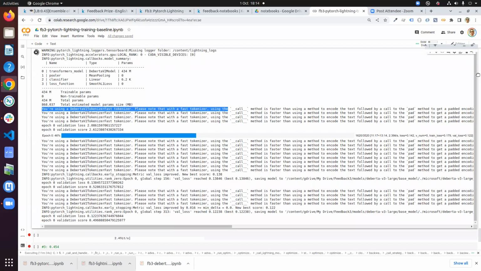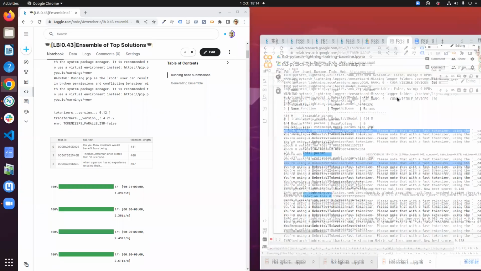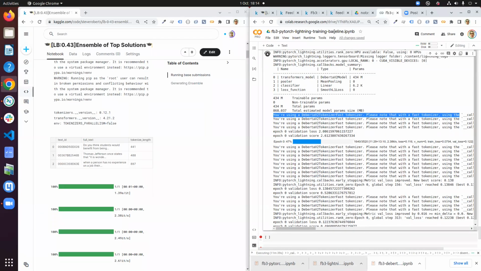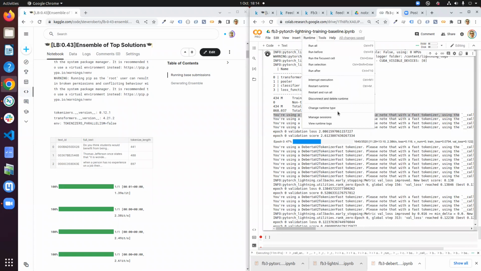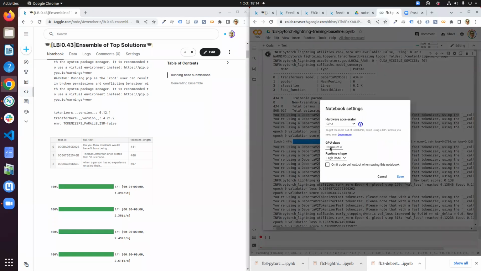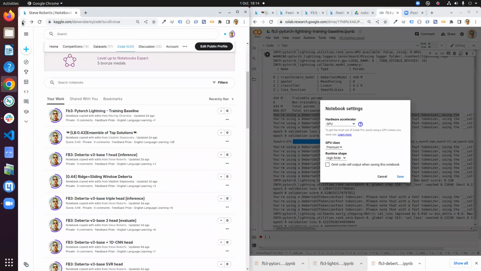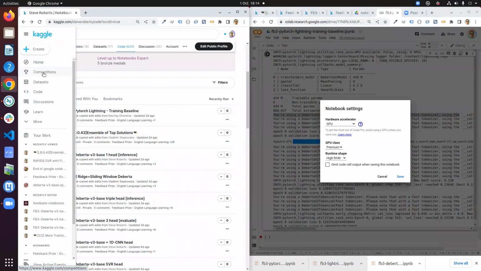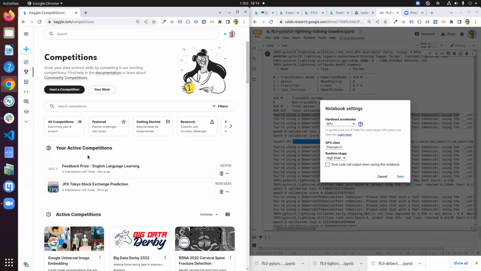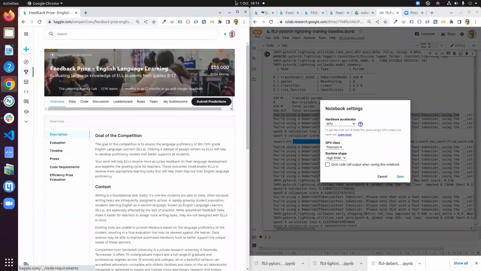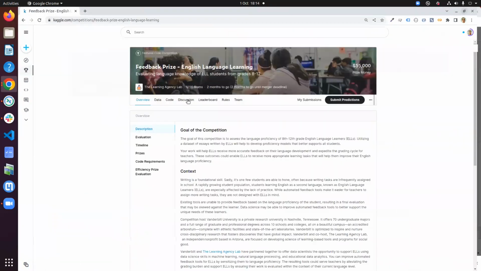I've just noticed this is training at the minute on Colab. When I came to do the runtime, I noticed there's now separate GPU classes. Interesting. I've also just noticed in the discussion for this competition that somebody is saying that Colab has changed its pricing.